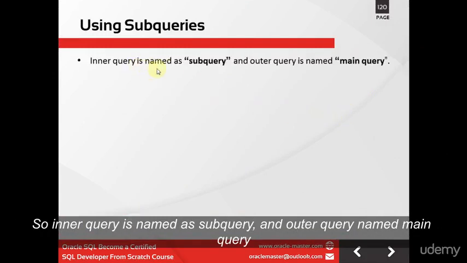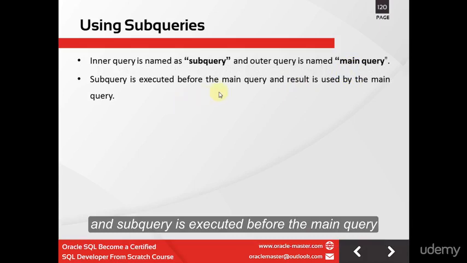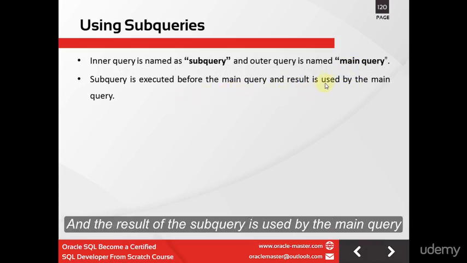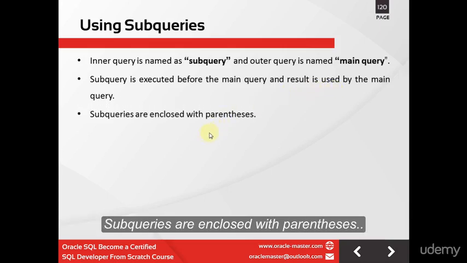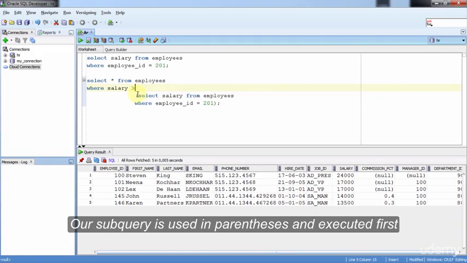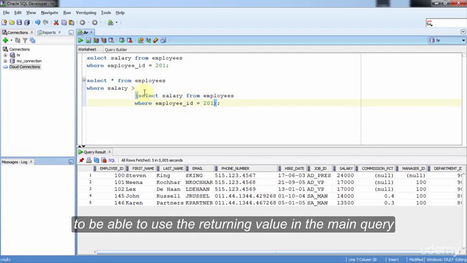So, the inner query is named the subquery and the outer query is named the main query. And the subquery is executed before the main query and the result of the subquery is used by the main query. Subqueries are enclosed with parentheses. As we did in here, our subquery is used in parentheses and executed first to be able to use the returning value in the main query.